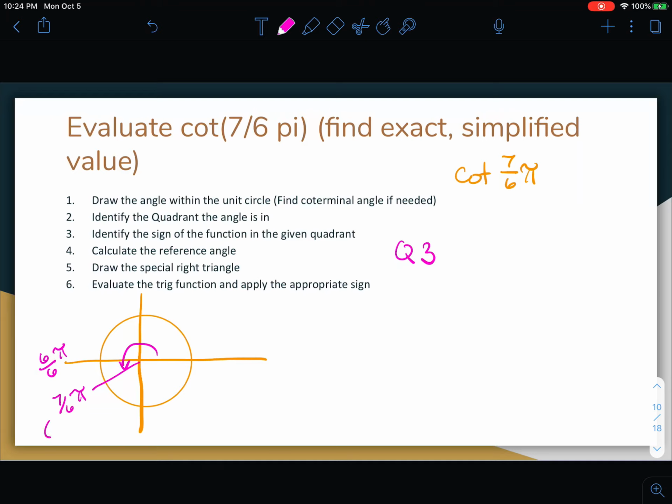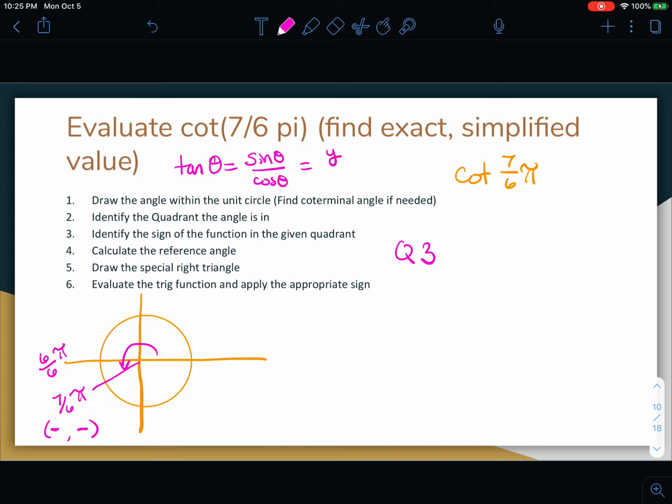Now, this will get a little more interesting. Notice here that the x values are negative and so are the y values. Remember, cotangent is the reciprocal of tangent. And just as a little side, remember we talked about tan of theta is the same as sine theta divided by cosine theta.